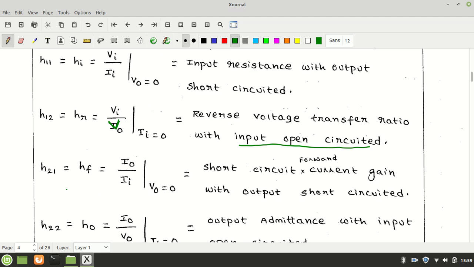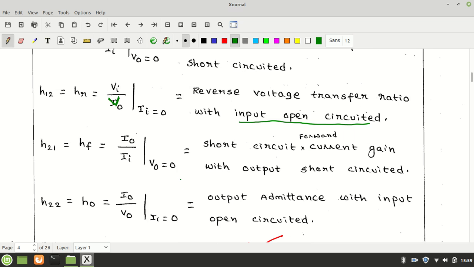Similarly, H21 will be I0 by Ii, that is output when V0 is 0, so output is short circuited. I0 by Ii is the current transfer ratio or forward current gain, because output by input is there.